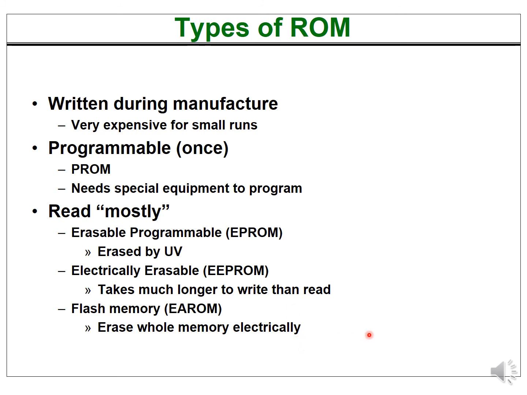Then we have the flash memory, also called the EAROM, electrically alterable read-only memory, right? So EEPROM and EAROM can be erased with the help of electricity, whereas EPROM uses ultraviolet light in order to erase the data. So these are the various types of ROMs.